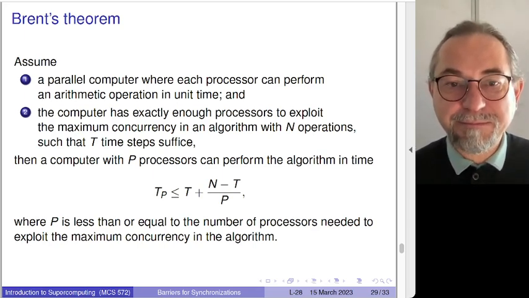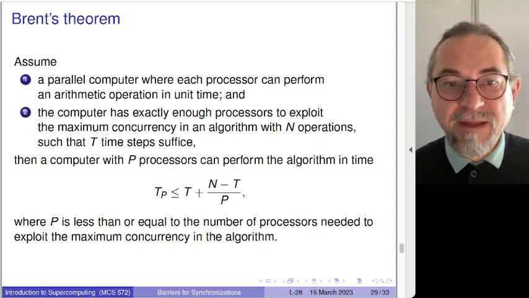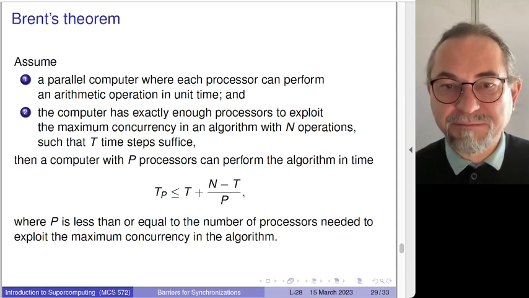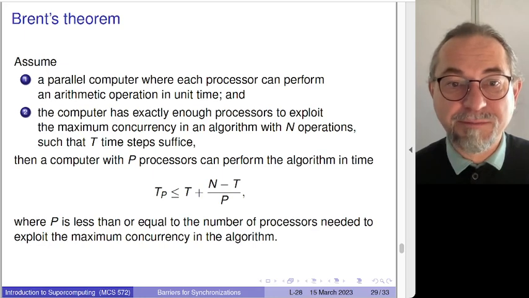So with P processors, the time with P processors is bounded by T, which is the total time that the parallel computer can do to execute the computation.